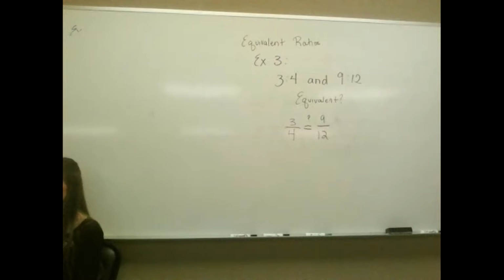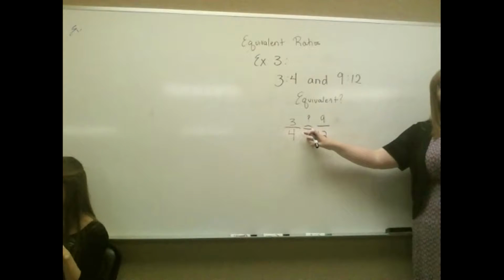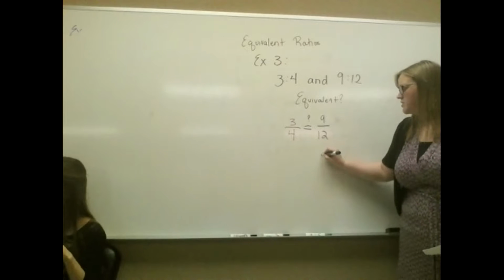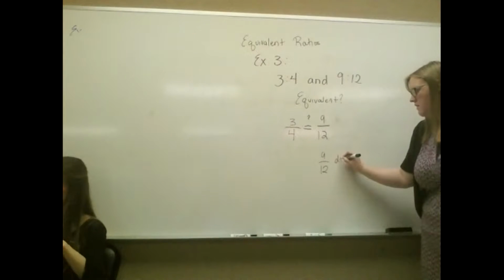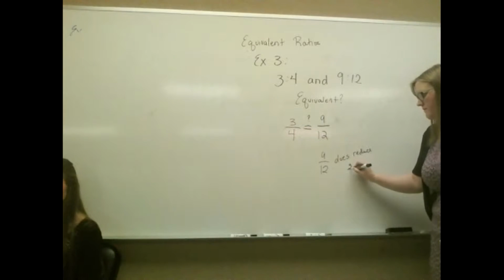All right, at this point, there are two things you can do. You can either ask yourself, can I reduce 9 over 12 to equal 3/4? And if you feel comfortable with fractions, yes, you can. 9/12 does reduce to 3/4.